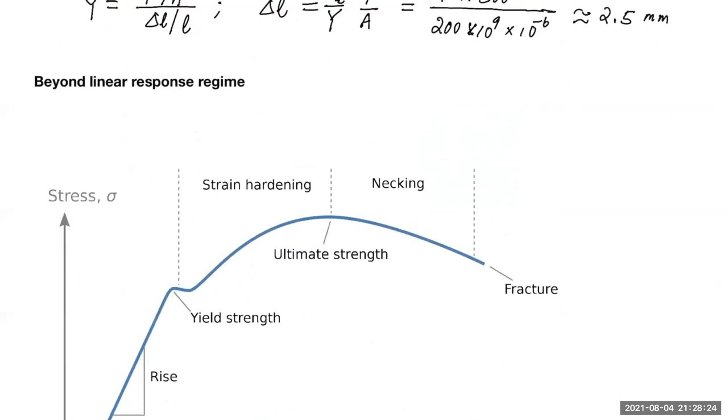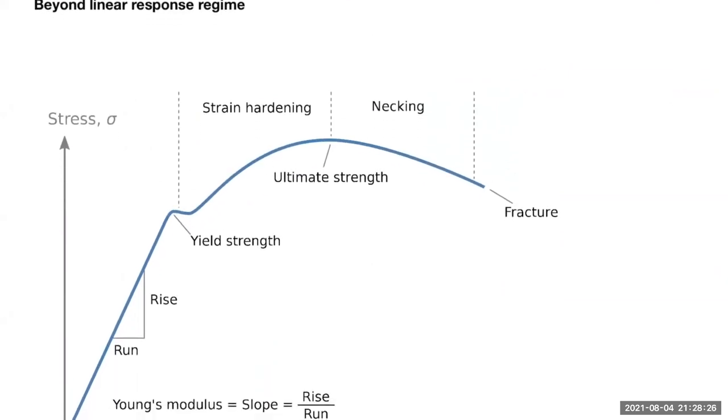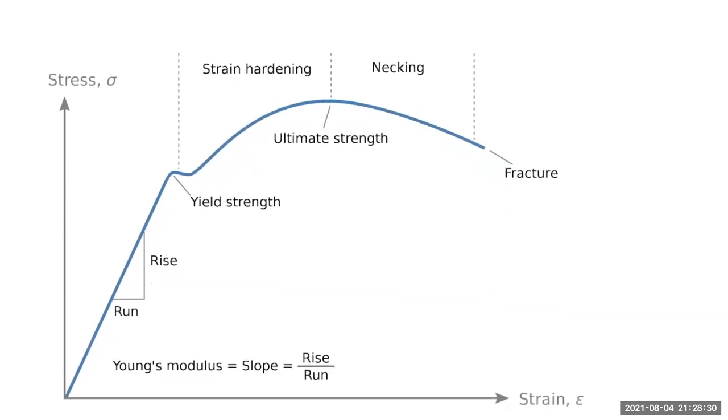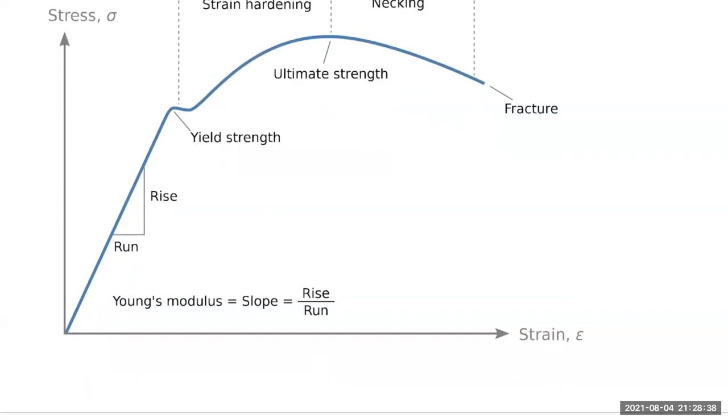Here is a more general diagram for the behavior of an elastic system when you give it a large amount of deformation. We are focused mostly on this area. Let me label it.